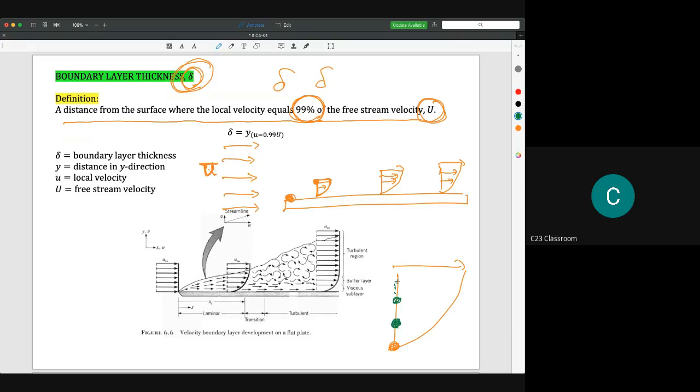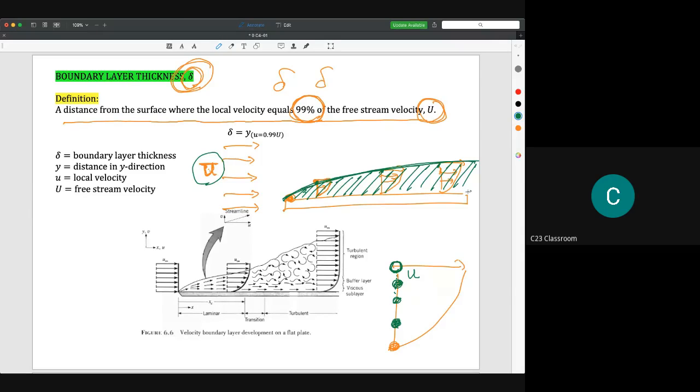Finally we have 90% here, and then we pick the location of 99% of u compared to the free stream velocity. We pick all those locations, connect them, and this is the boundary layer. So this is the boundary layer region.